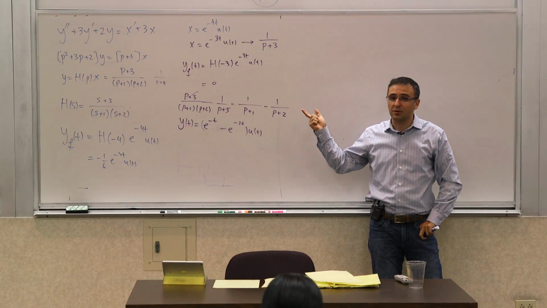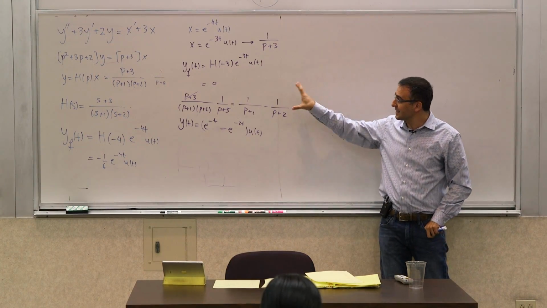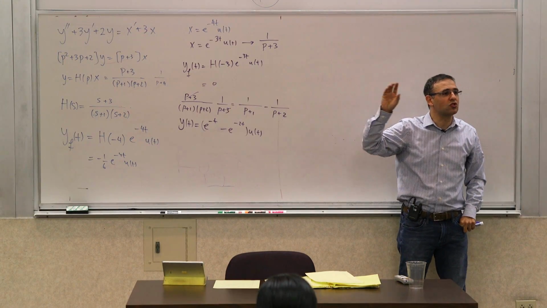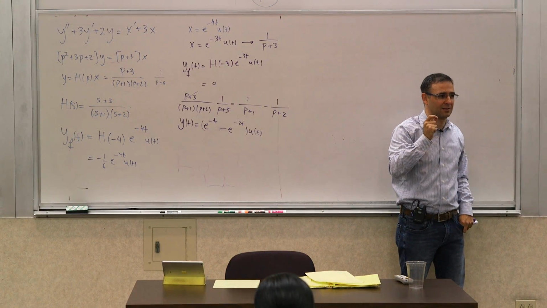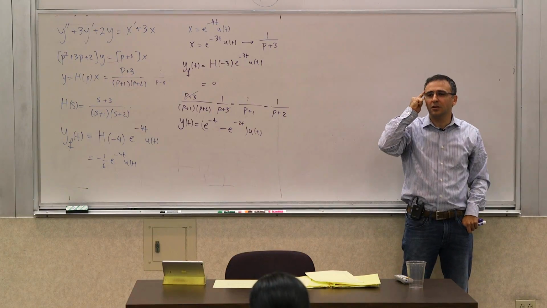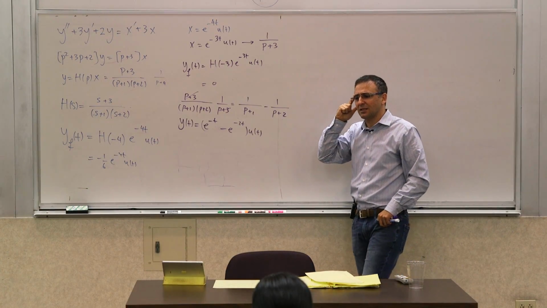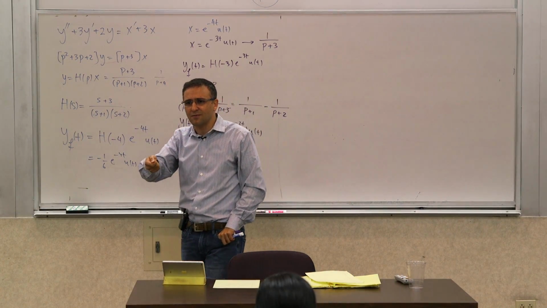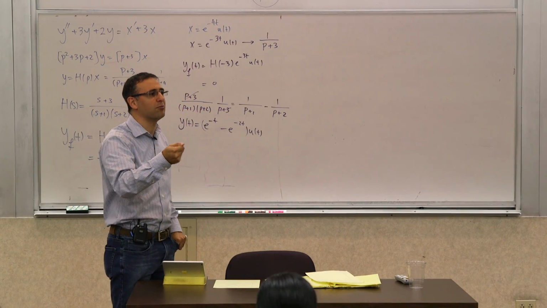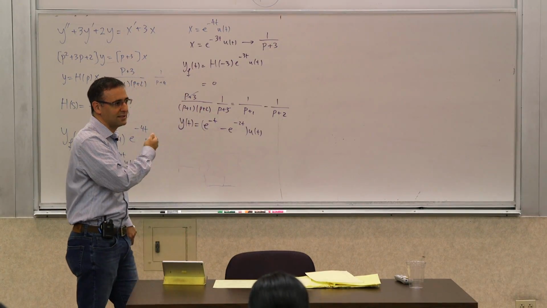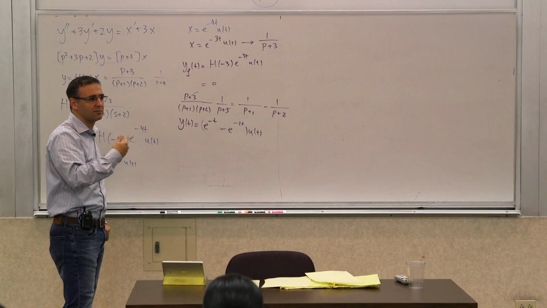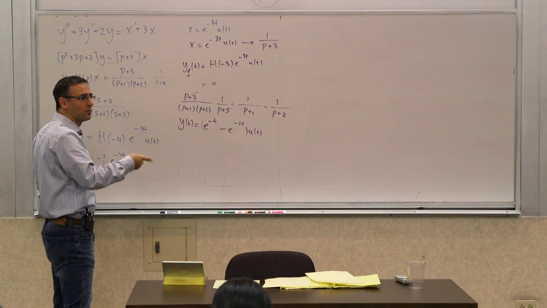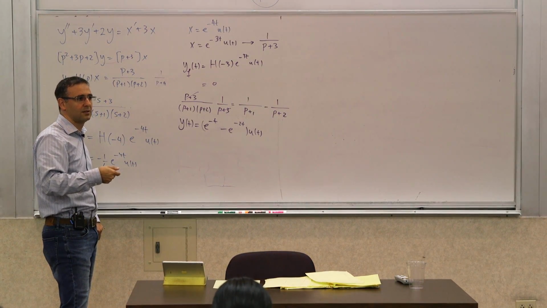But this is a conceptual thing because this example is important since it shows you what zeros are. Because later on you may say, wait a second, how is it possible that I have a system that I drive with a certain frequency and it doesn't produce that frequency at the output? And this is an example, and you can basically do it with different kinds of things as long as you have the appropriate zeros at the right frequencies.